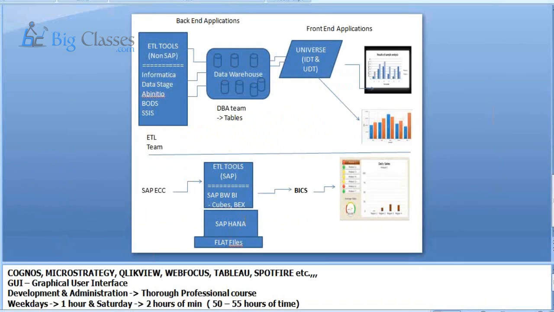So how many hours of BO on HANA will be covered? That depends upon your understanding, Harika. My plan would be to predominantly focus on BO with an RDBMS database. If you are very comfortable with this, then you don't need to spend a good amount of time over here. But if you are not comfortable here, then I have to spend a good amount of time here. We'll look into it.